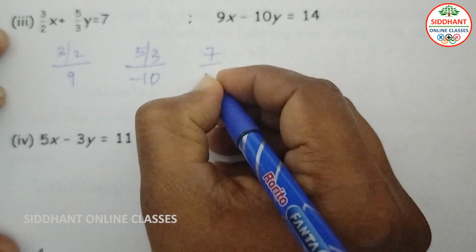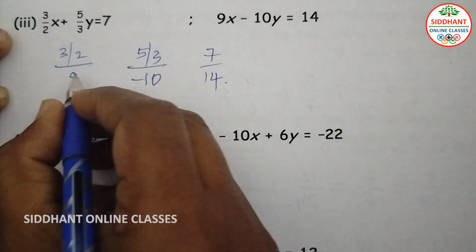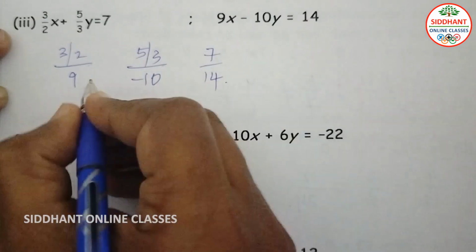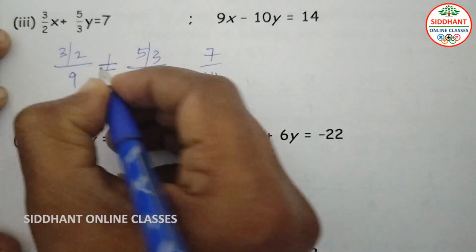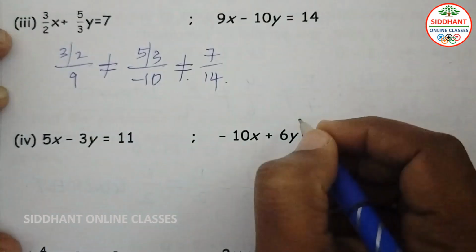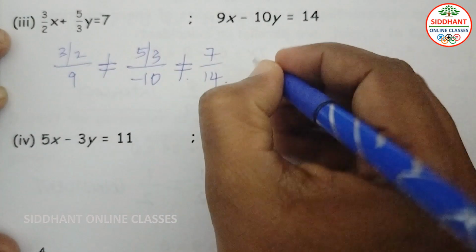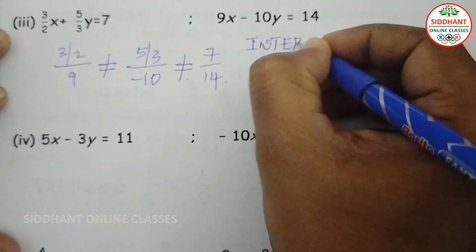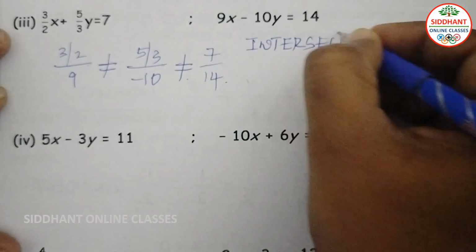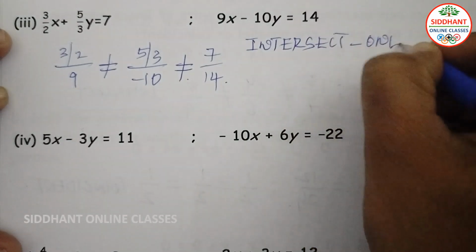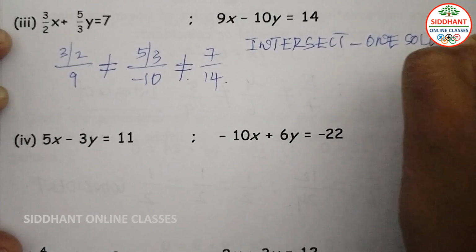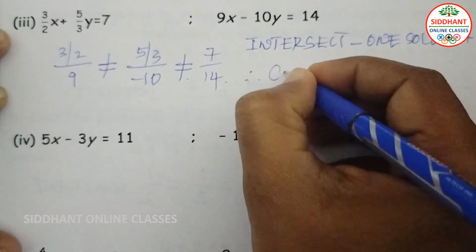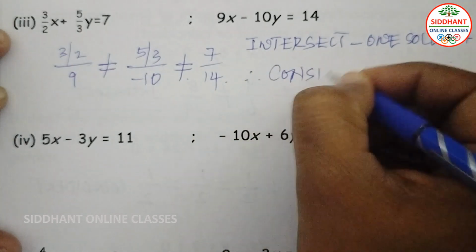Upon comparing a1 by a2, b1 by b2, c1 by c2, all the three are not equal to each other. So we can say that the two lines intersect each other and we are going to get one solution here. Therefore, we can say the equations are consistent here.